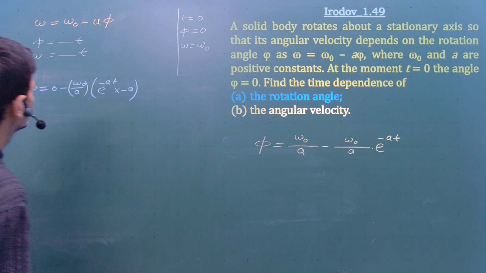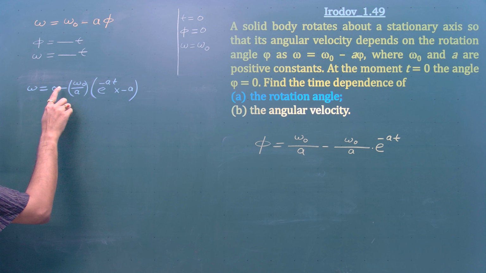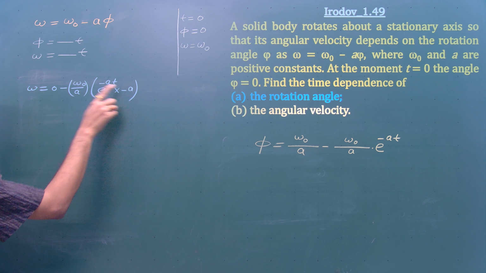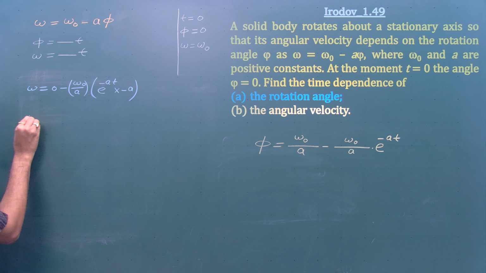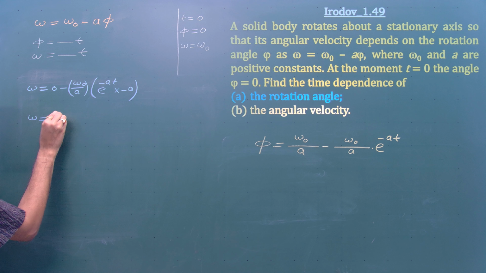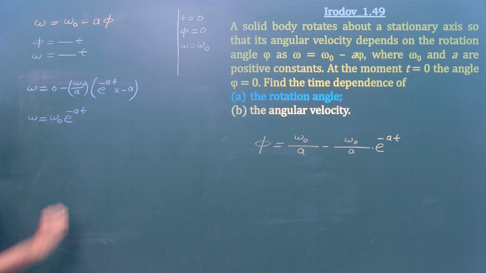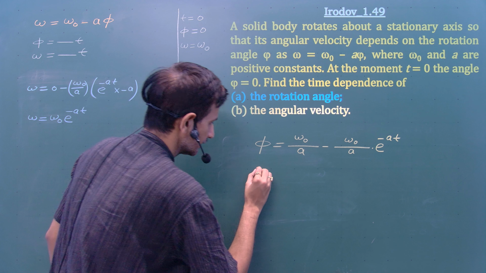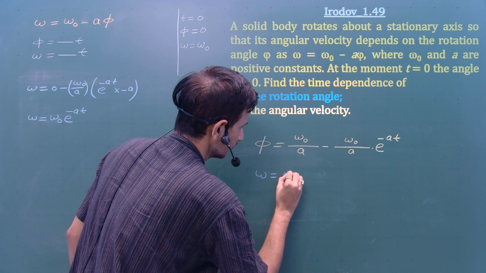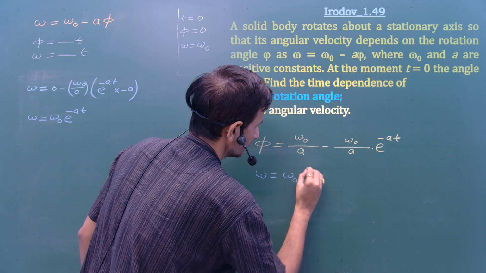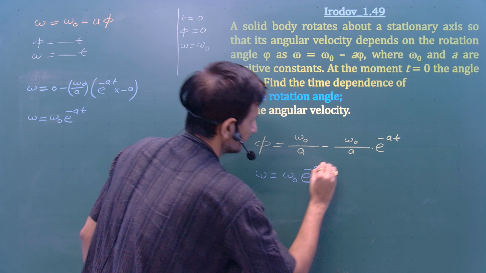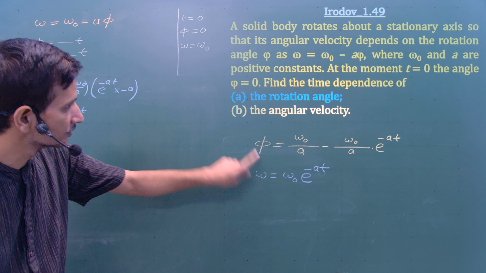This minus and this minus become plus, then this a will cancel out this a, so omega equal to omega naught into e to the power minus at. So the equation of omega with time is omega equal to omega naught into e to the power minus at. So this is the answer of the second part.